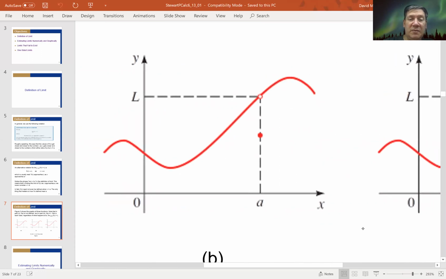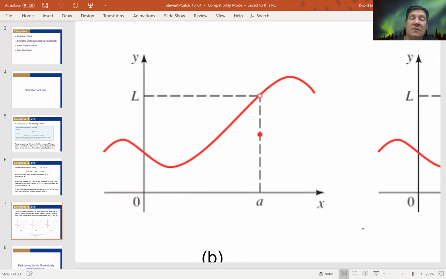Now, we put a hole in the graph, a discontinuity. We take this value out for whatever reason. It's defined as being down here. We're usually not going to just substitute, okay?